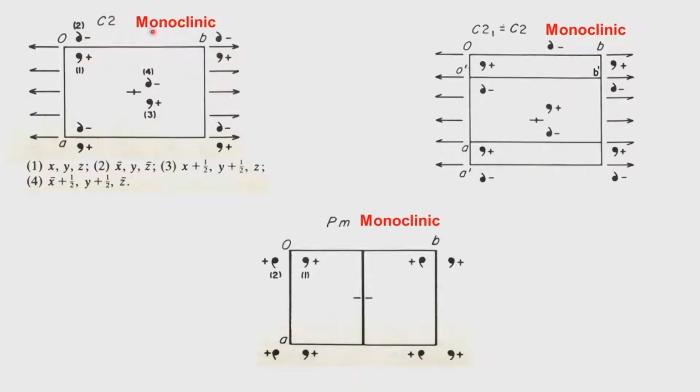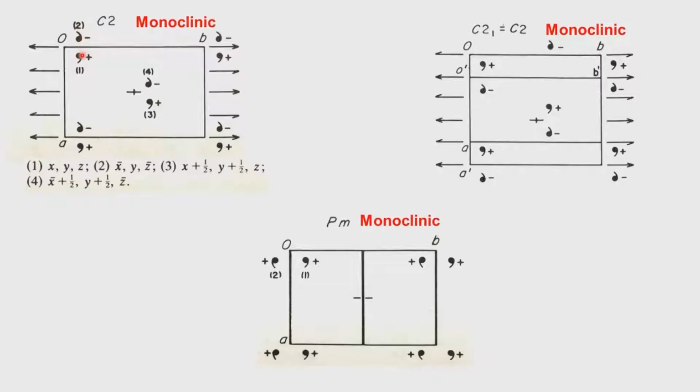So, if we see the C2 symmetry that can be present in a monoclinic system, then what happens is that you now have the two-fold operation associated with the B direction, which will take the object 1 to object 2. Then the object 2, object 1 will also have the C-centered lattice.